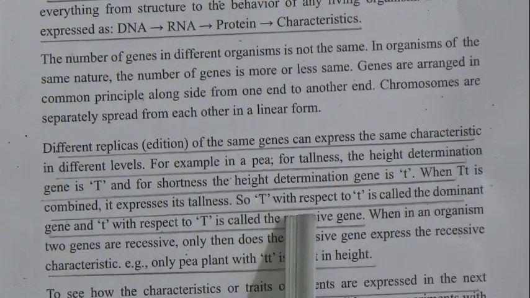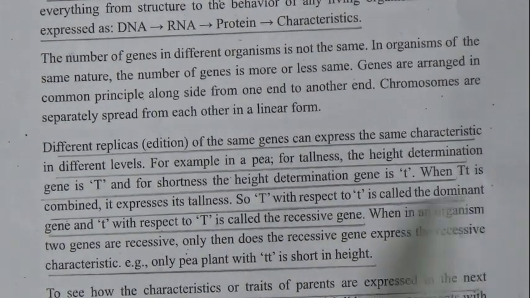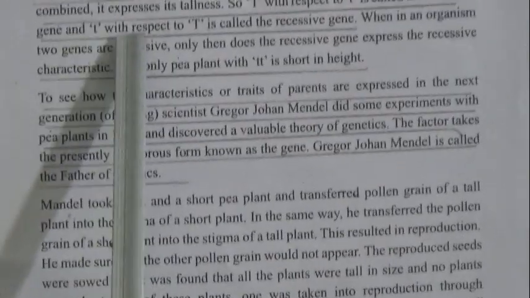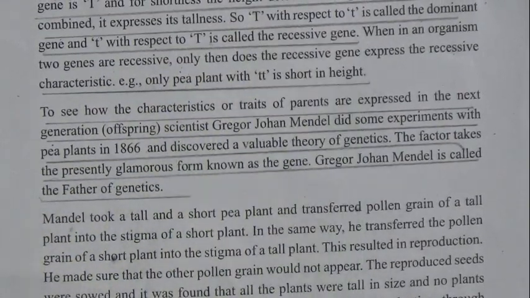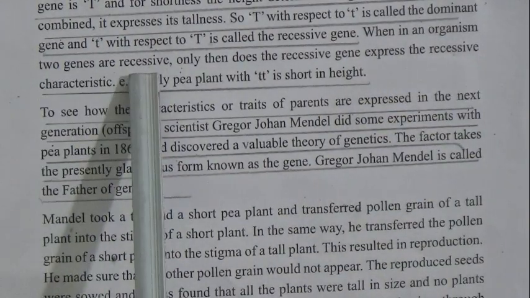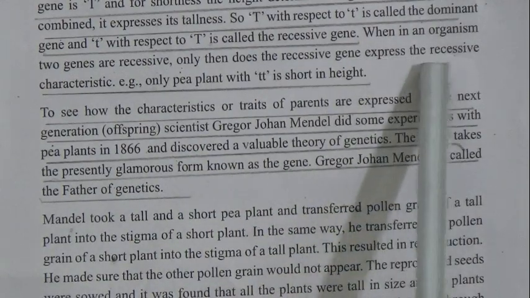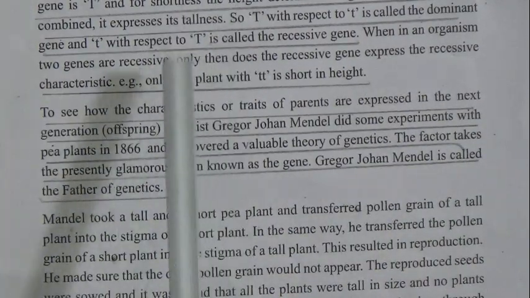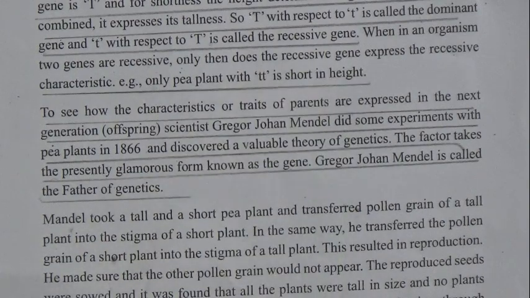So capital T with respect to small t is called the dominant gene, and small t with respect to capital T is called the recessive gene. Only when in an organism both genes are recessive does the recessive gene express the recessive characteristic. Only a pea plant with two small t is short in height.